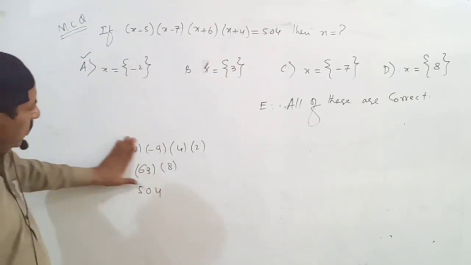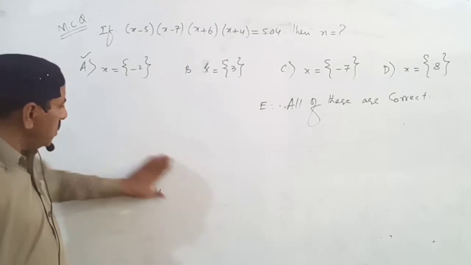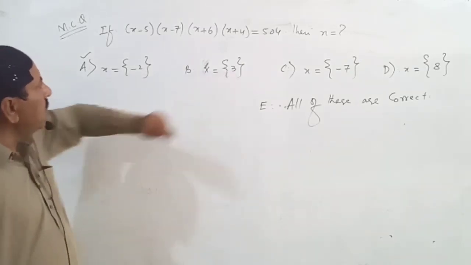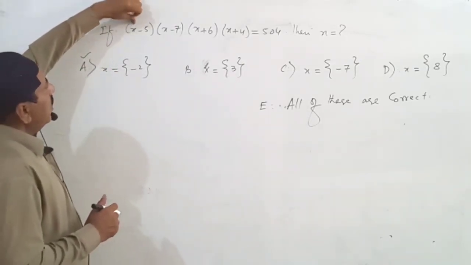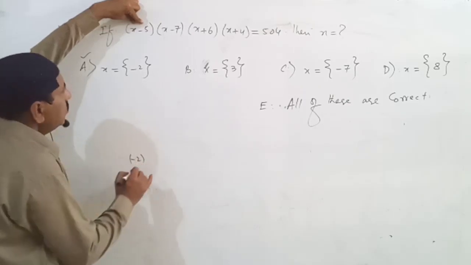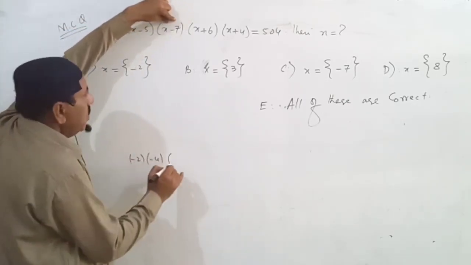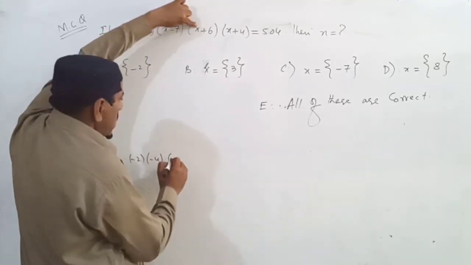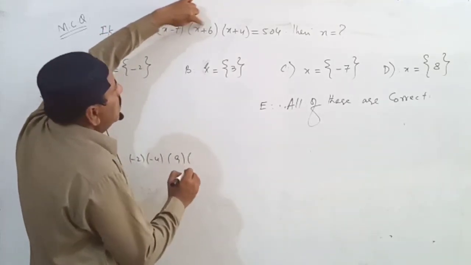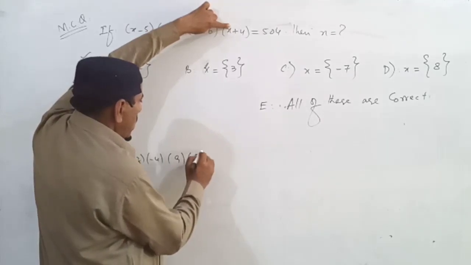Now if we substitute x is equal to 3, then 3 minus 5 is minus 2, 3 minus 7 is minus 4, 3 plus 6 is 9, 3 plus 4 is 7.